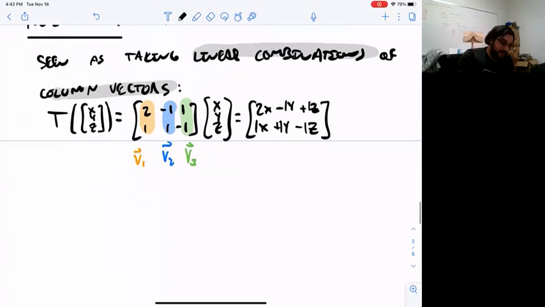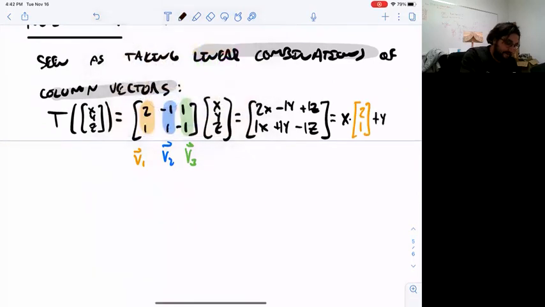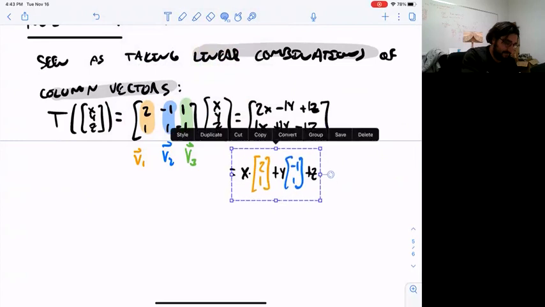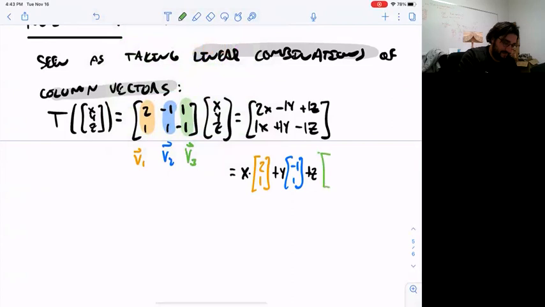Look at what is right next to it there. That is just another way of saying the scalar X times vector V1, times 2, 1. It's the scalar Y times the vector minus 1, 1. And it's the scalar Z times the vector 1, minus 1.